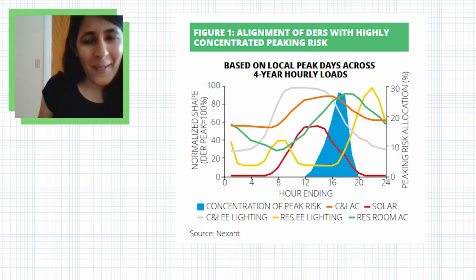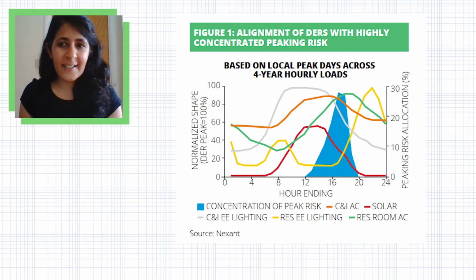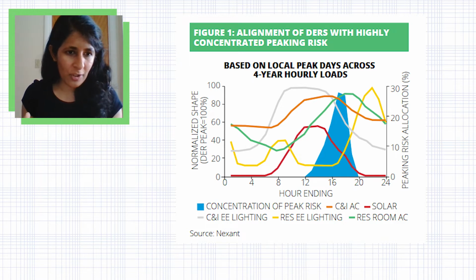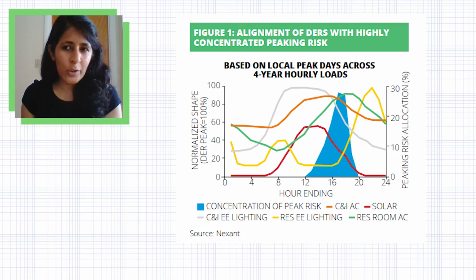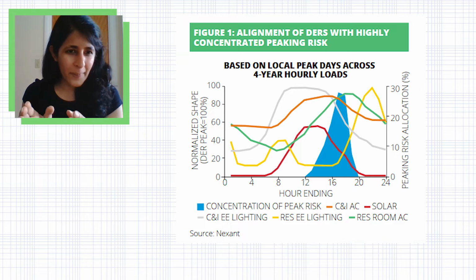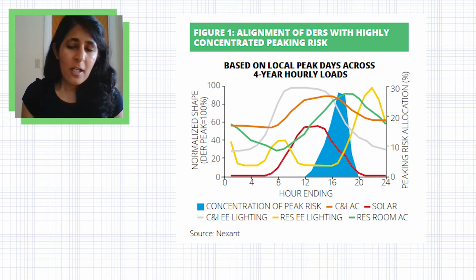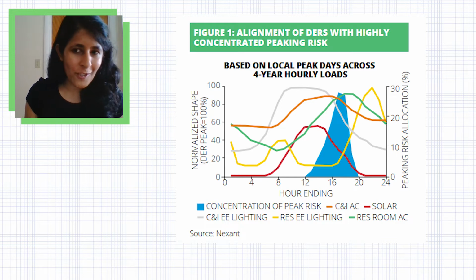One of the things that I want to mention about this graph is basically that there is a huge temporal and locational difference. In the graph itself, you can see that, for each hour of the day, depending on where that blue part of the graph is, there's going to be different value for different DERs. There's also the locational aspect, because here we're looking at one graph for a certain place. You would basically want to look at this across different locations, because the blue part is going to be different across different locations.